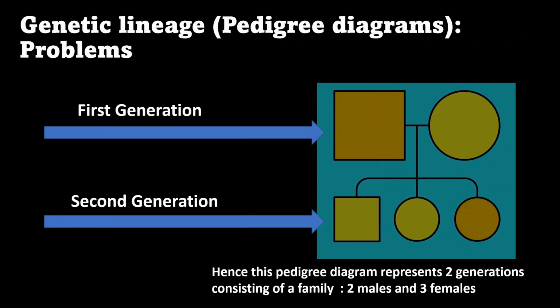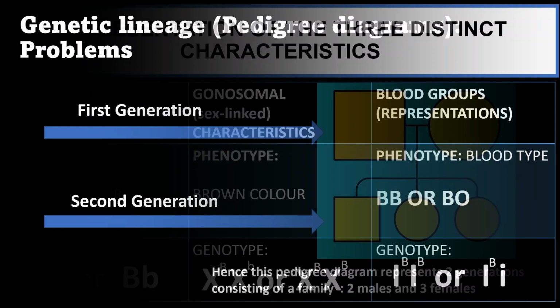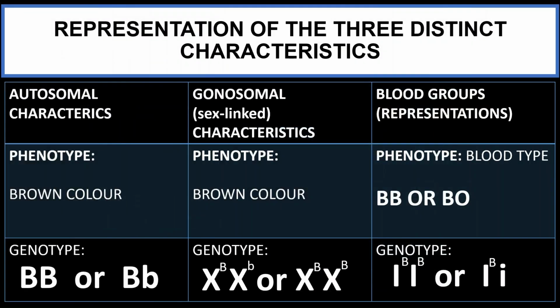So this family consists of five members, two of whom are males, three of whom are females. And in this case, it is mostly done using either autosomal characteristics or gonosomal characteristics, or we can use the blood group in solving such a question.